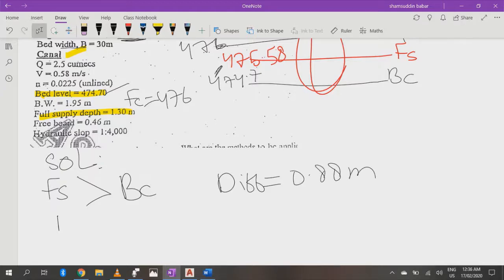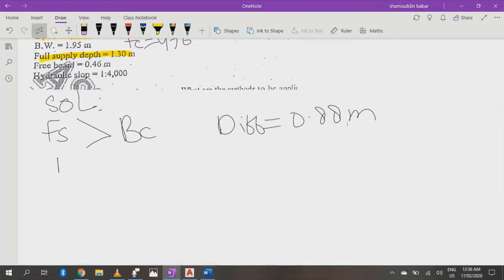So this is the difference of both. Now we can write it here: canal will cross stream through siphon.